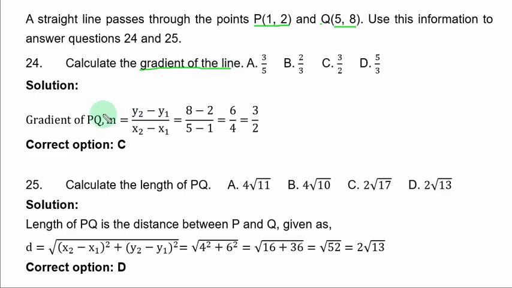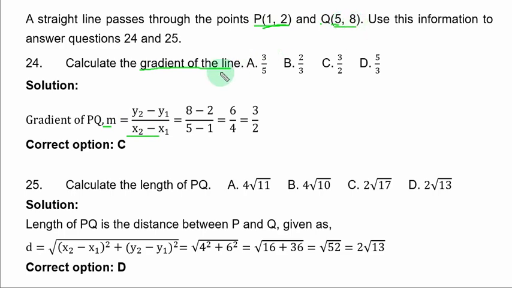Gradient of PQ denoted by m is equal to y2 minus y1 over x2 minus x1. This is the first point, so you have x1 is 1, y1 is 2. Here x2 is 5 and y2 is 8.